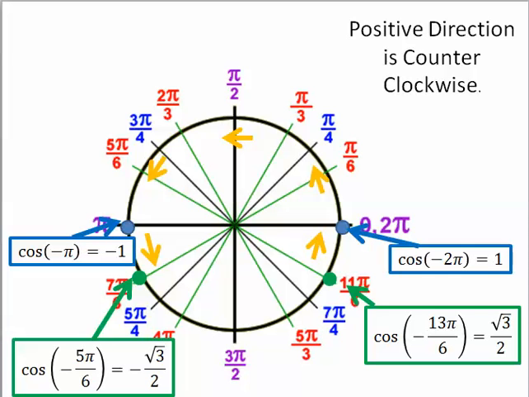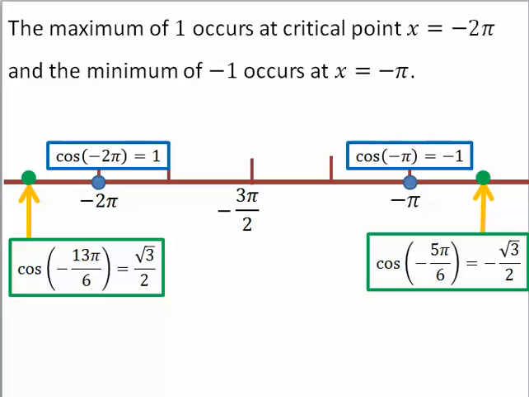Cosine of negative 5 pi over 6 is the same as cosine of 7 pi over 6, which is equal to negative radical 3 over 2. So, cosine of our endpoints is radical 3 over 2 and negative radical 3 over 2. Cosine at our critical points is 1 and negative 1.